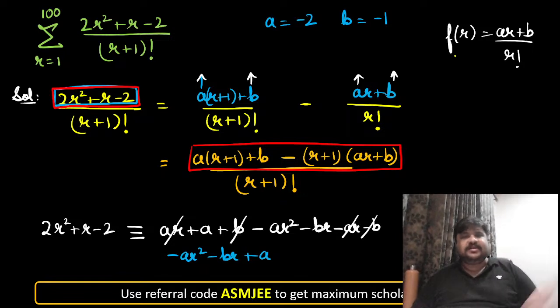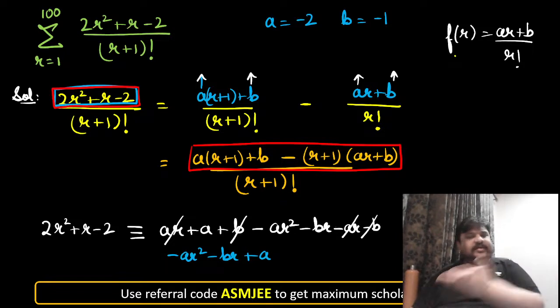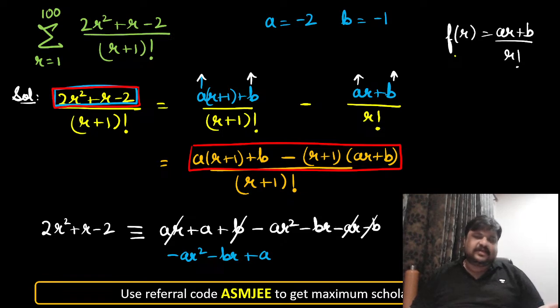No, it makes no sense. One part has quadratic, other has constant. What are you guys saying? Think before typing. One part has quadratic, other has constant. Will you call it telescoping?